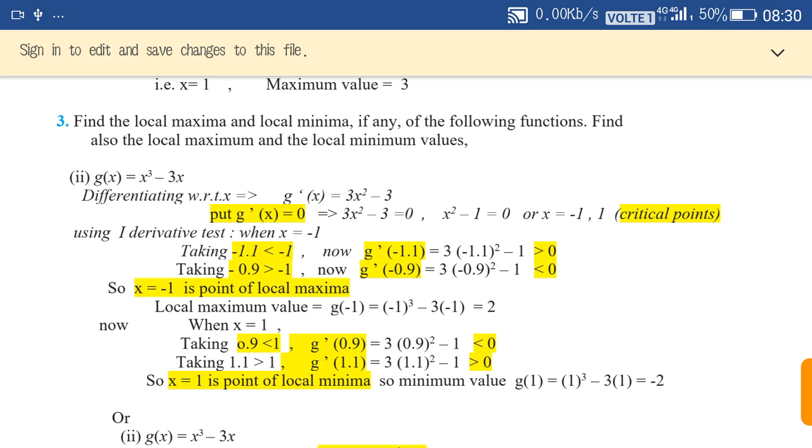Now we take some value more than that critical value. Minus 0.9 is greater than minus 1. Now check g dash minus 0.9, put in place of x minus 0.9, 3 into minus 0.9 whole square minus 1, it is always negative.